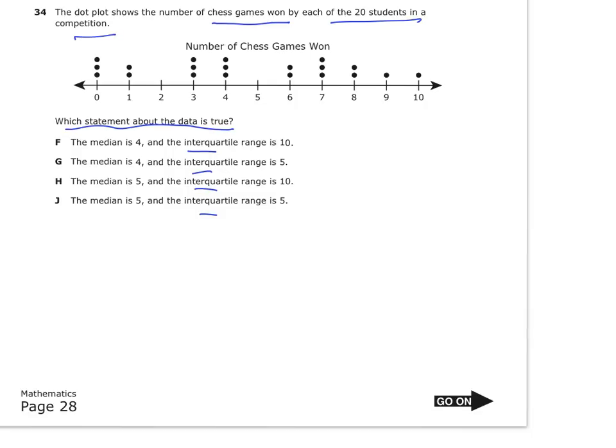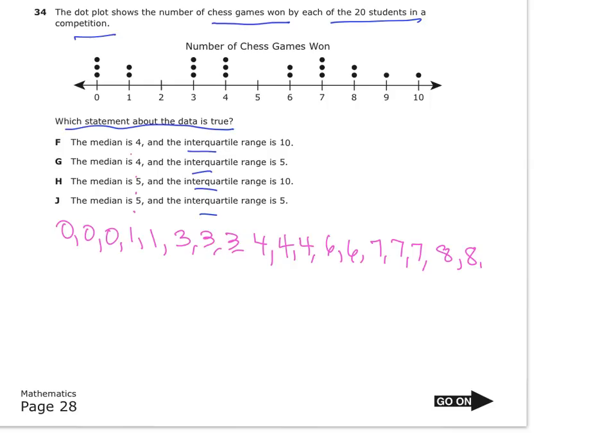So the first thing that you should do when you're making a box and whisker, which you could find the median easier. You could find it by crossing out on here, but I'm just going to put them in order from least to greatest anyway. So I have 0, 0, 0, 1, 1, 3, 3, 3, 4, 4, 4, 6, 6, 7, 7, 7, 8, 8, 9, and 10.